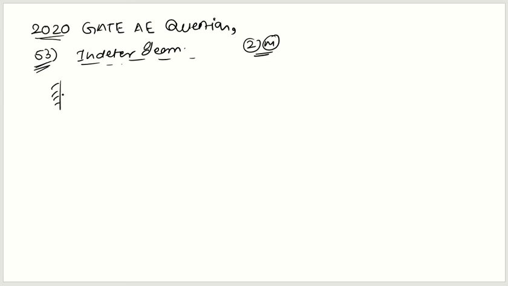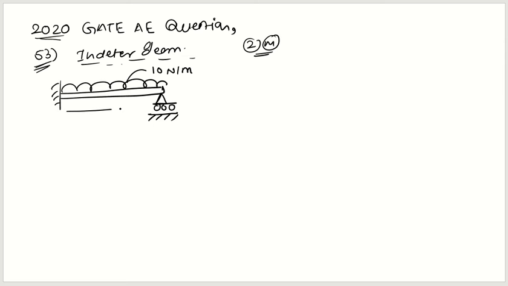So they have given this kind of beam, which is known as a propped cantilever, right? It has a UDL of 10 newton per meter, and the length is given. Length is 1 meter.